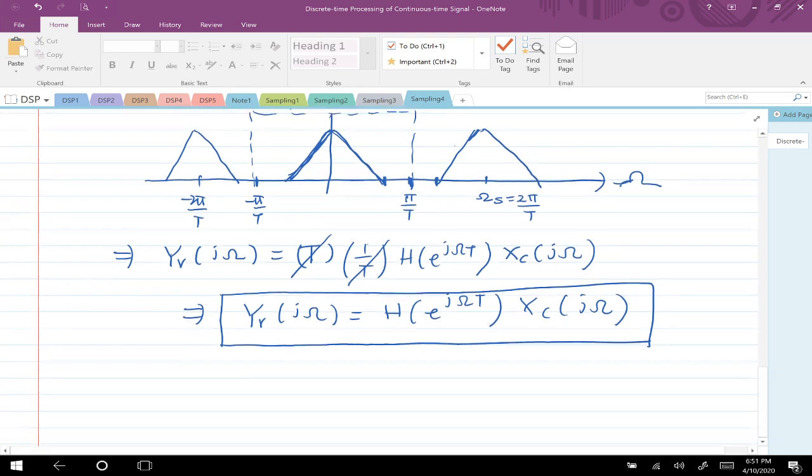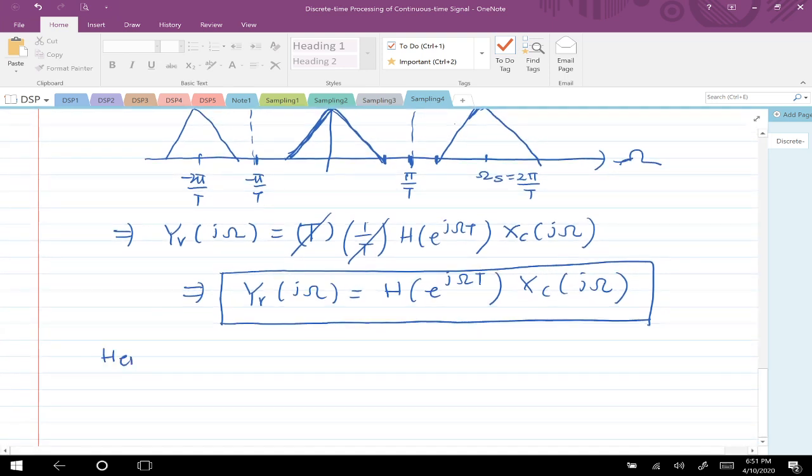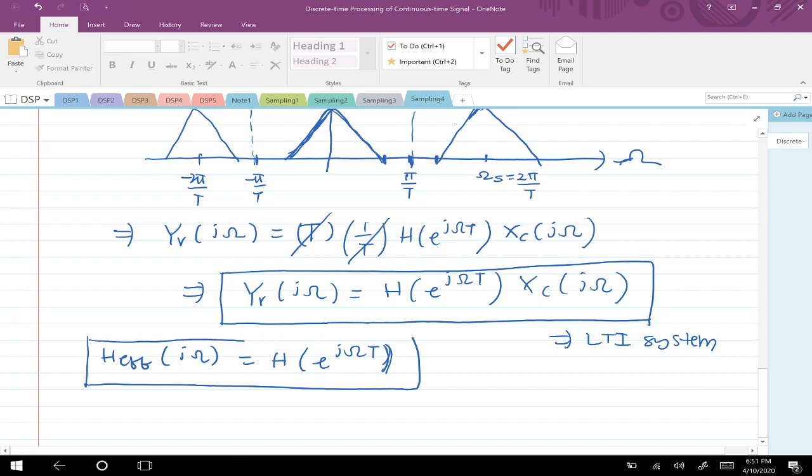So this implies this is an LTI system in the first place, and your H effective of j omega is equal to H of e power j omega T. This gives you the relationship between the frequency response of the discrete time system and the equivalent frequency response in the continuous time domain. A very important relationship here.